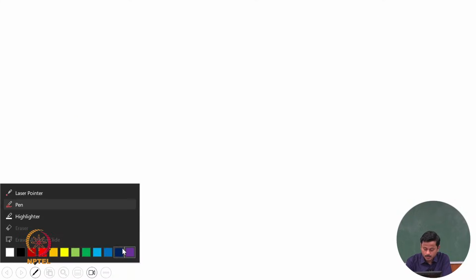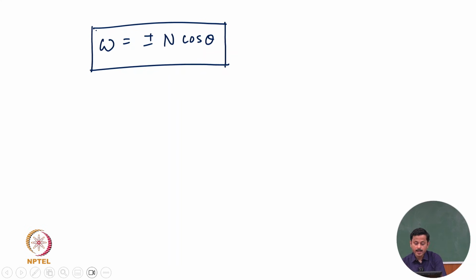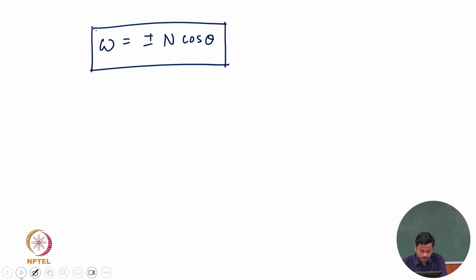Writing simply and more clearly, omega is equal to plus minus N cos theta. So theta is the angle between the wave number vector, that is the square root of kx squared plus kz squared, and the horizontal direction. This gives the frequency of the internal waves.